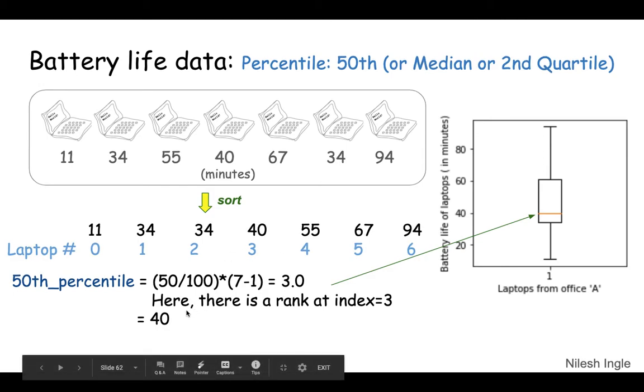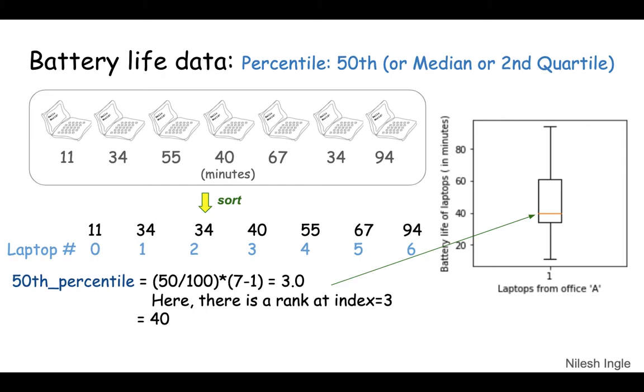Therefore we say that the observation at the 50th percentile was 40, and that's also the median of this particular data set. And the 50th percentile, if you look at the heading here, is also the second quartile, or the median if you look at the box plot.